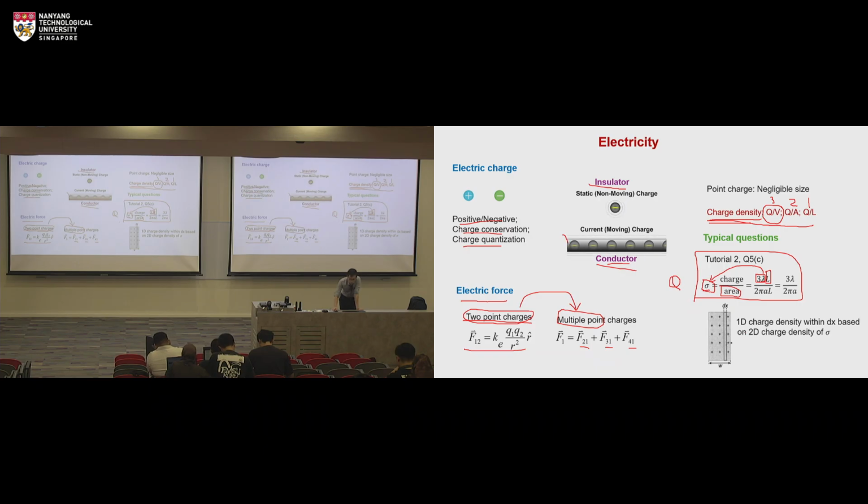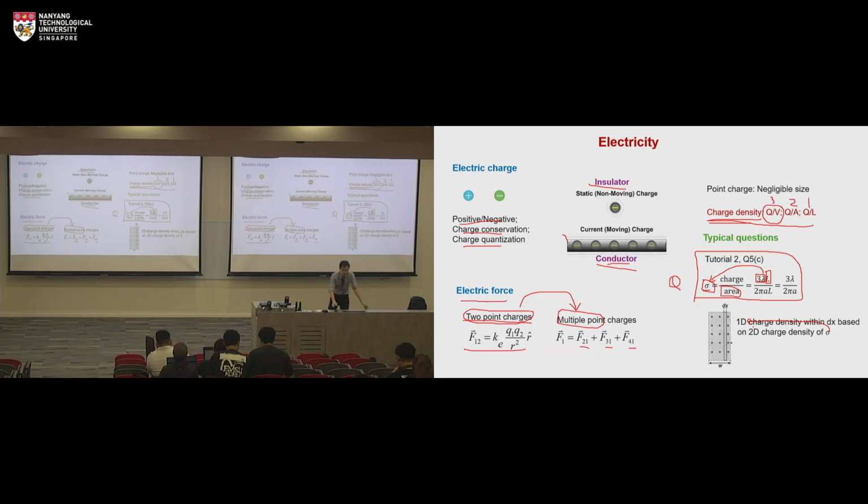And here there's another similar question, asking you to convert the two-dimensional charge density to the one-dimensional charge density. So it's kind of the opposite.